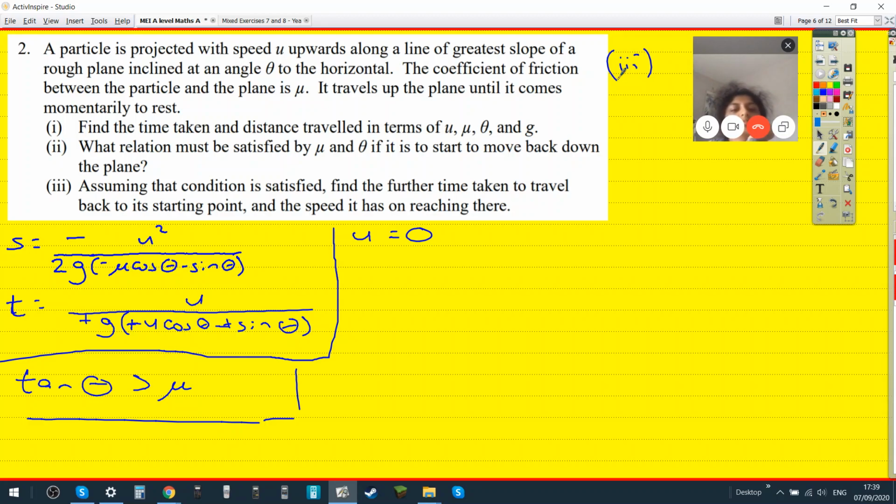Assuming that condition is satisfied, that tan theta is greater than mu. Oh, so you need to find t and v. And you know what a is, you know what s is. Okay. Yes, we do. So t is that thing over there. Yeah, and you know what a is as well. So you just need to find v and t.